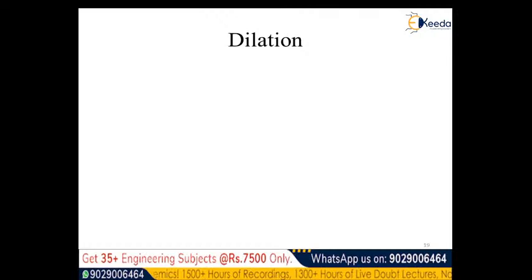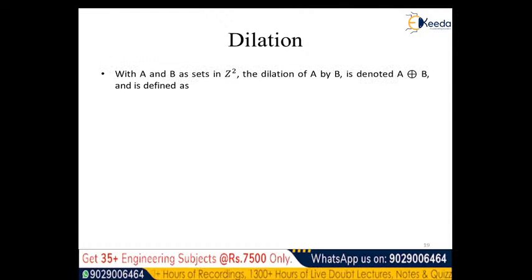The two inputs we are going to take are capital A and capital B. So if we have capital A and capital B as the two input sets in the Z squared space, then the dilation of the input capital A by structuring element capital B will be denoted by this symbol: A and B, and in between the two there is a plus sign inside a circle.